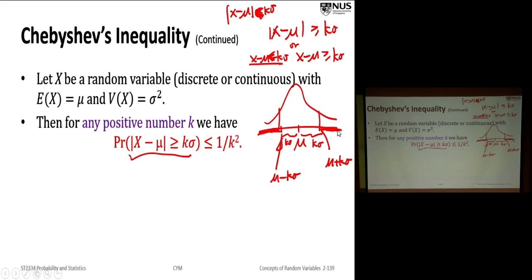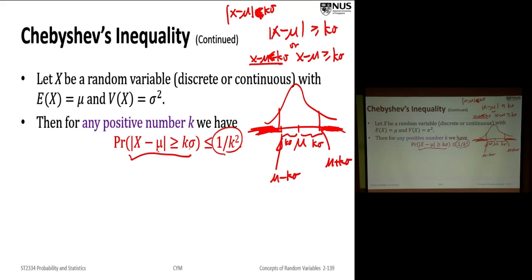So the Chebyshev inequality says that the chance of x falling outside k standard deviations from the mean mu, both greater than or less than, cannot exceed 1 over k squared. It gives a bound for x being outside this range of k standard deviations from the mean.